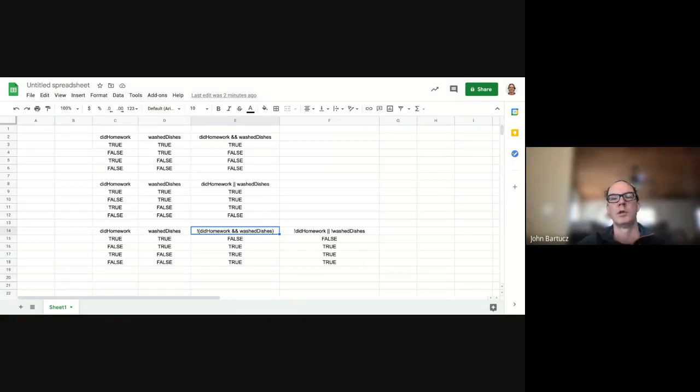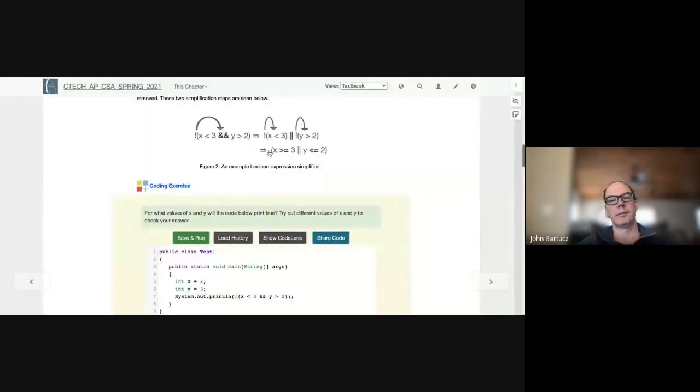So these are not things you really have to memorize. They have an example here of an example Boolean expression simplified. I don't really know that that's a lot more simple, but the questions you're likely to get are, are these two expressions equivalent?